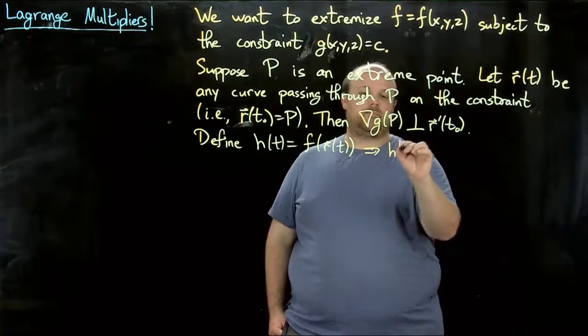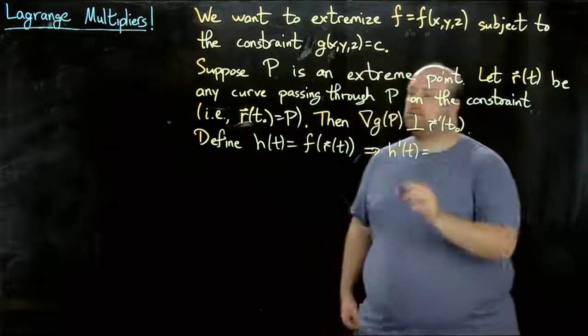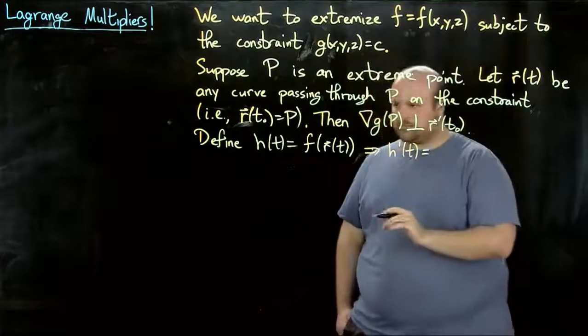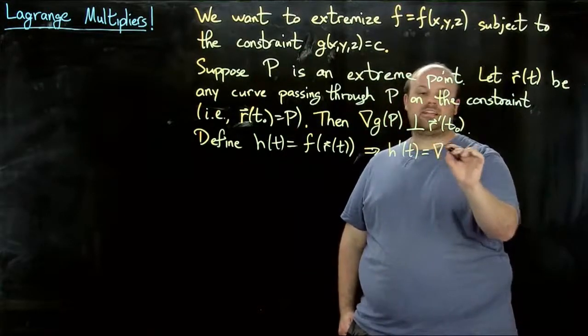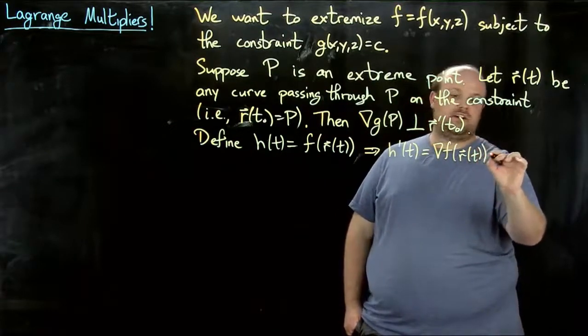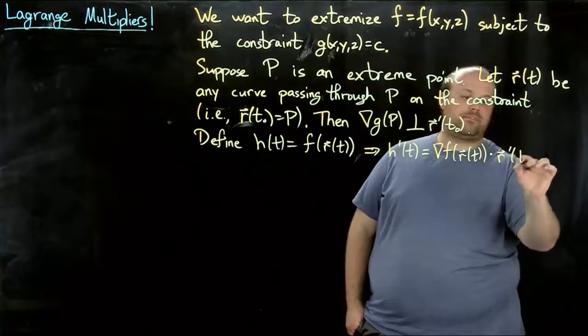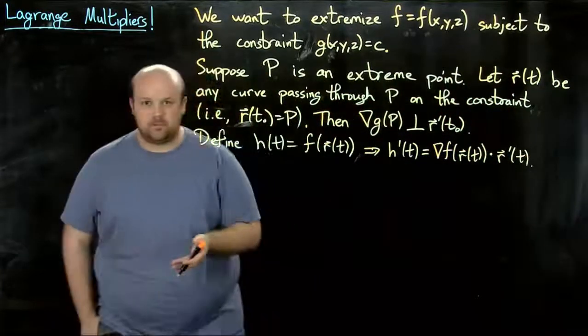So h prime of t is the gradient of f at r of t dot product with r prime of t. Here's where it's useful to remember the chain rule.